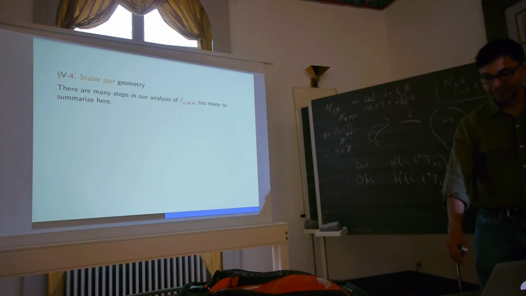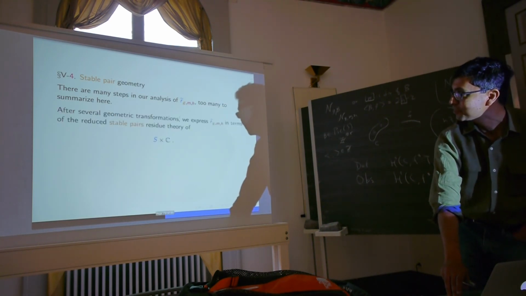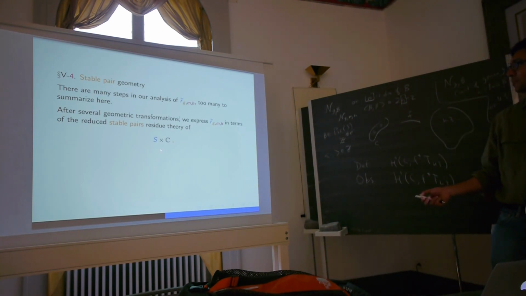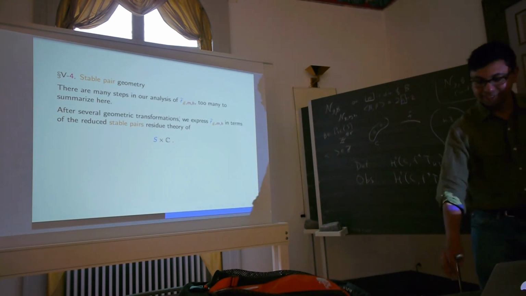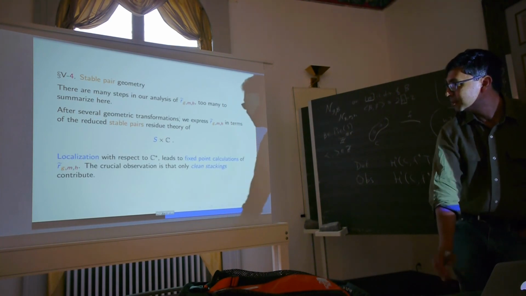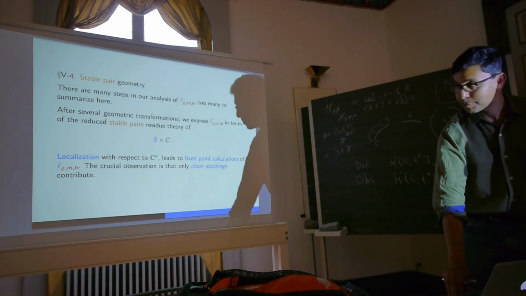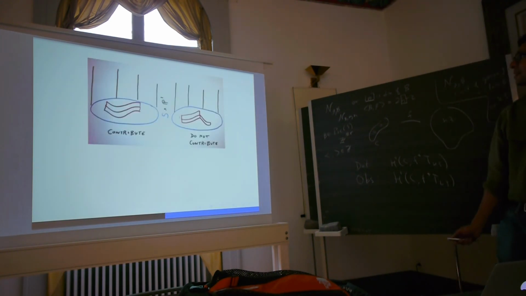There are many steps here, too many to summarize. But the main thing is we can transform this problem to one about S cross C, which is the simplest Calabi-Yau. And there we can use localization with respect to the C star. You can't do this effectively for curves, but for sheaves you can. The crucial observation is that something very nice happens with the fixed points, what's called the clean stack.